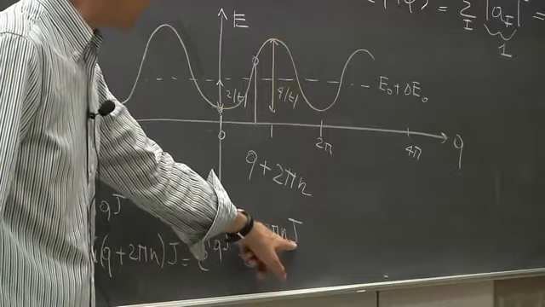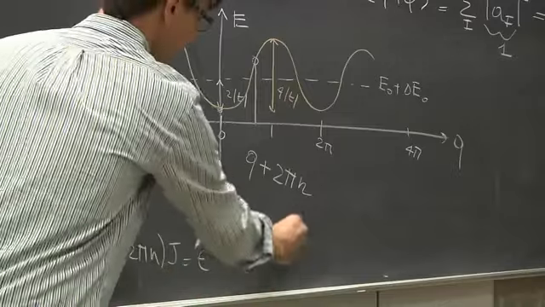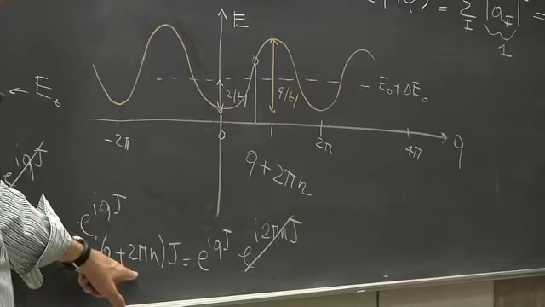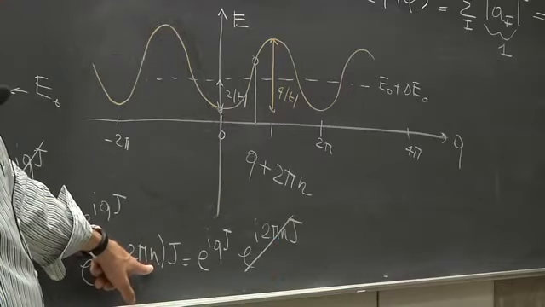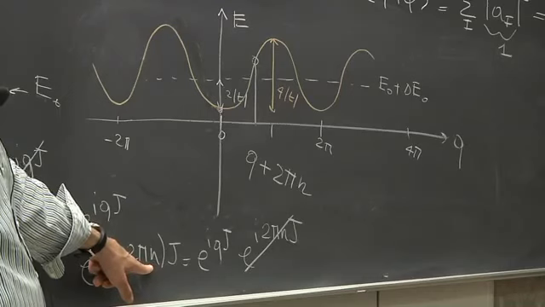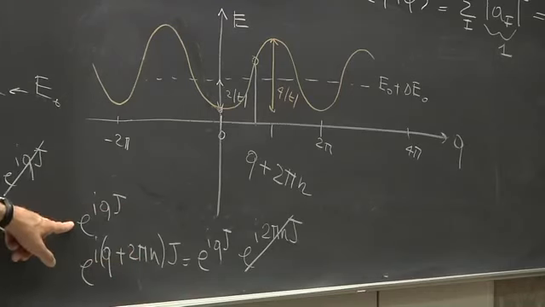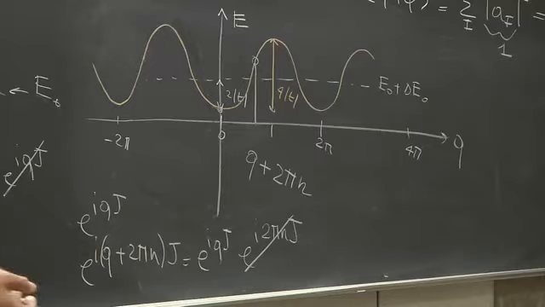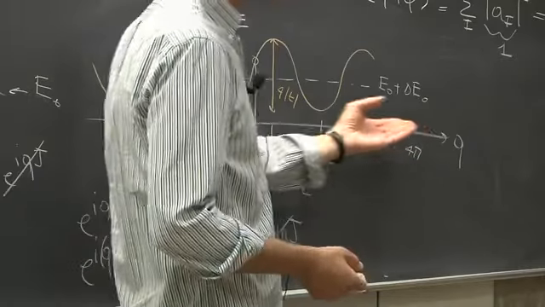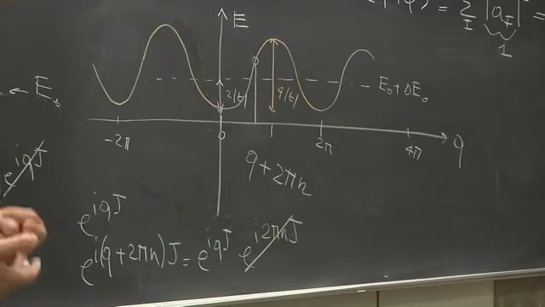So 2 pi times an integer gives me 1. So if I translate my solution by an arbitrary integer times 2 pi, I get exactly the same solution, not only the same energy and same solution. So I have a lot of redundancy, as I said before. It is true that all these Q's give me a solution, but many of them are actually the same solutions.